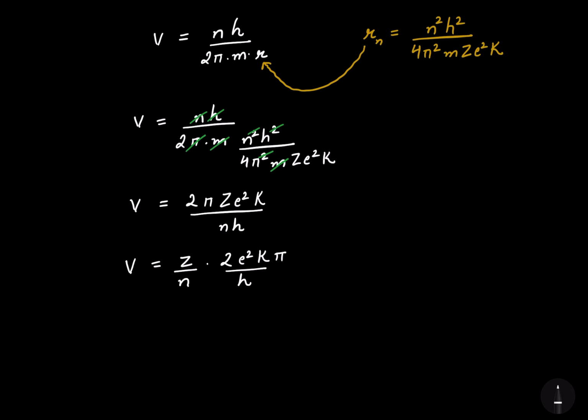Z by n is not constant, while the rest are constant values.